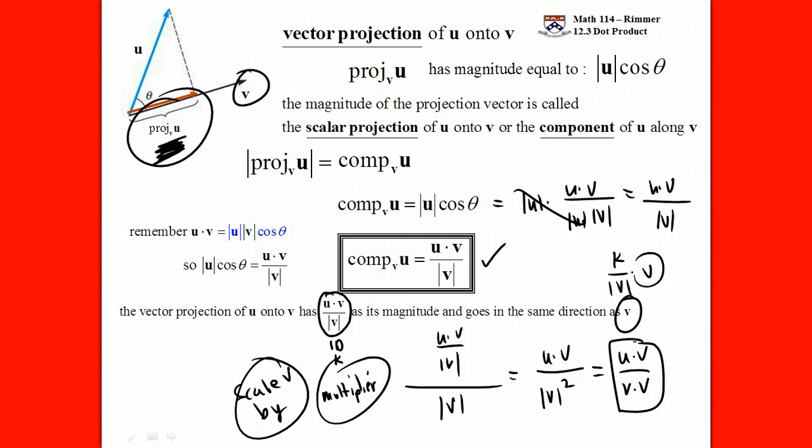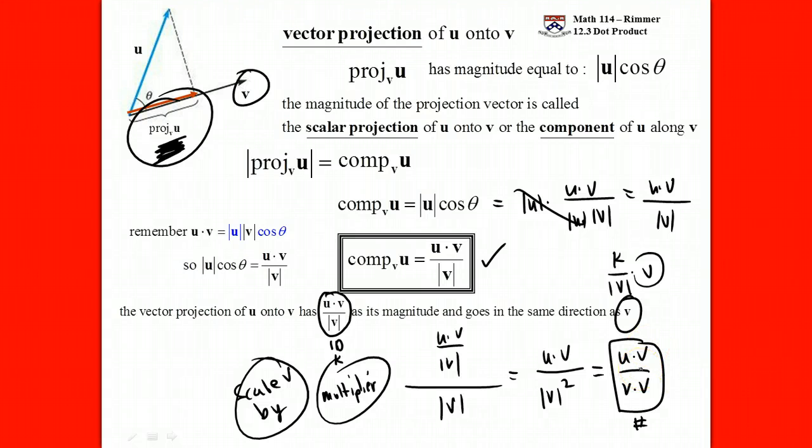V dotted with itself in the denominator, v dotted with u in the numerator. And that's what you scale v by. I don't have it typed up in that kind of a way, but that's the idea though. You need to scale v by this amount. A dot product is a number, so you have two numbers here, numerator and denominator, and that's what you multiply v by.